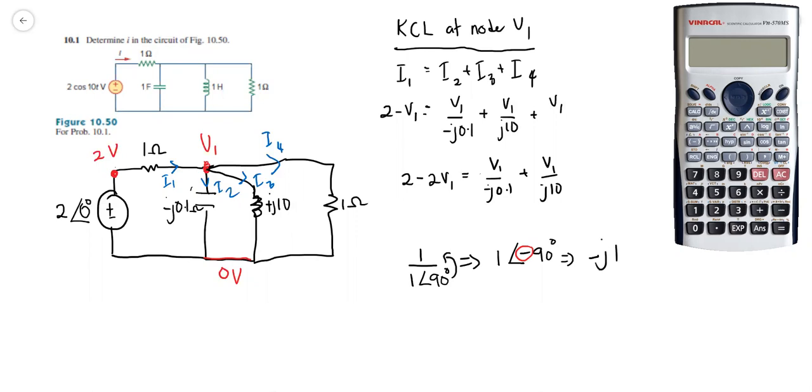So if you have j1 in the denominator and convert it, it becomes negative j1.